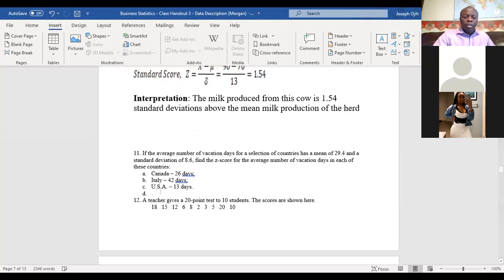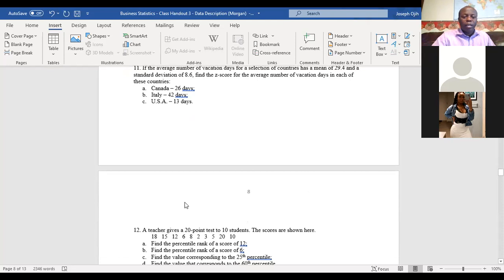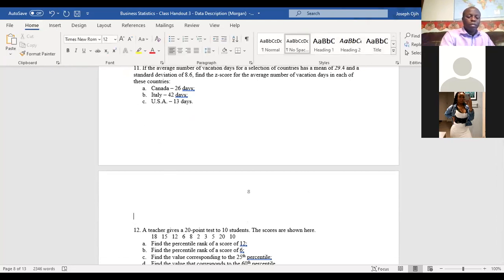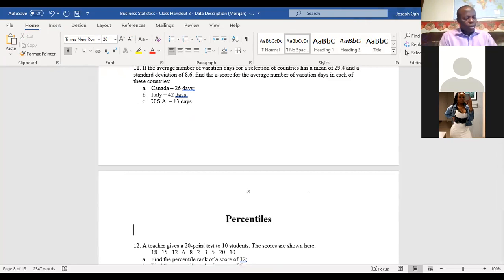Now let us proceed to the next one, which is percentiles. Like I noted earlier, the percentile divides the data set into 100 equal parts, and I gave examples.